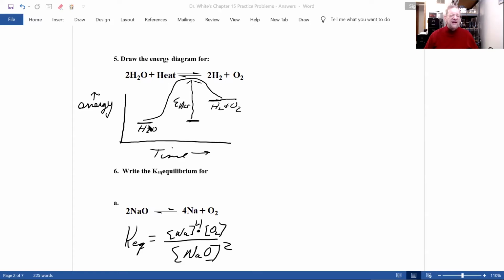So in an endothermic reaction, the reactants are lower energy than the products, because you're adding energy to get from here to there. And then you go over the hill. That's not my best hill, but it works. Over the hill and down the hill, to grandmother's house, to the products you go. And the activation energy, which you should know, is from where you start to the top of the hill.